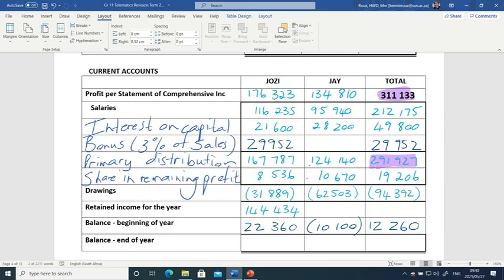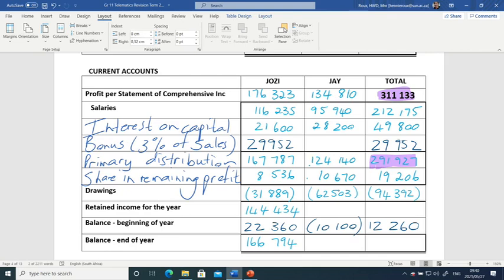What he was allowed to take from the net profit, he only took 31, so 144 left. He started with 22,000 in his current account, so at the end of the year, his current account stands at 166,794. The same for J, 134,810 that he was allowed to take.